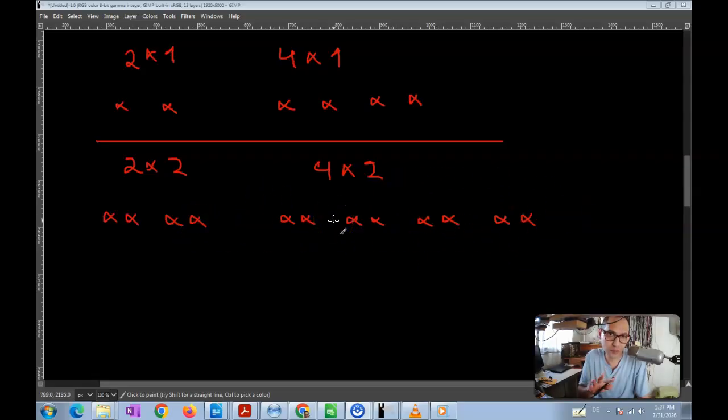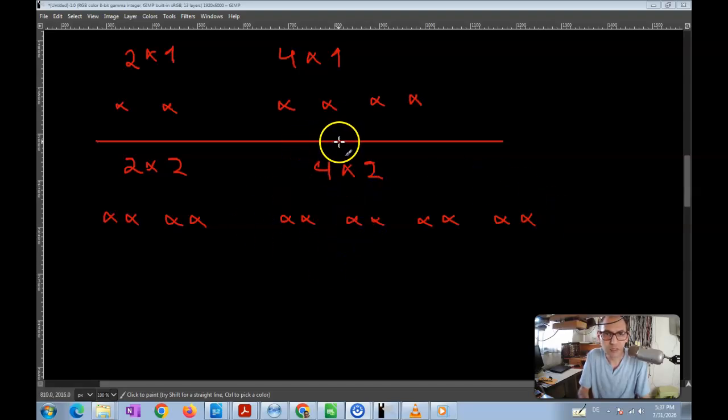So the number of objects in all the groups is always the same, right? But the number of groups over here is always twice the number of groups over here. If you have 2 groups over here, you have 4 groups over here.